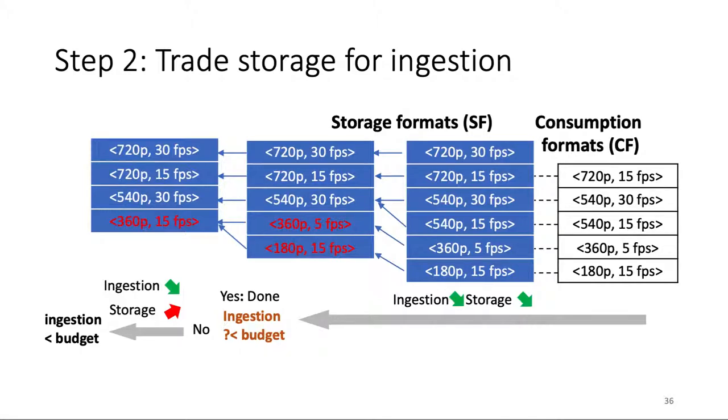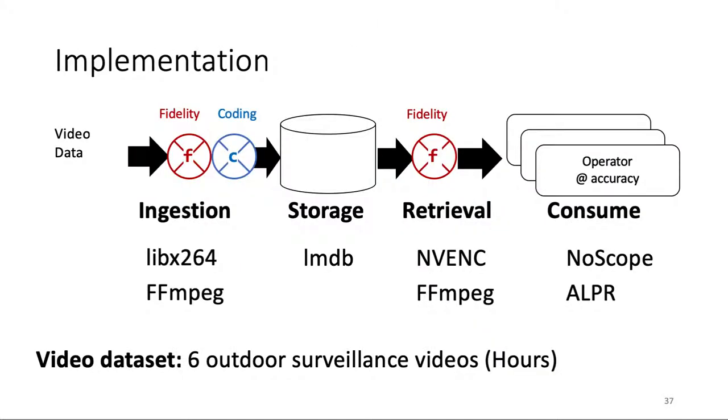None of them is a superset of the other. However, to respect the ingestion budget, we need to sacrifice storage here. So we take the max value on each dimension to be the fidelity value of the storage format, and in this case, the storage cost will go up.